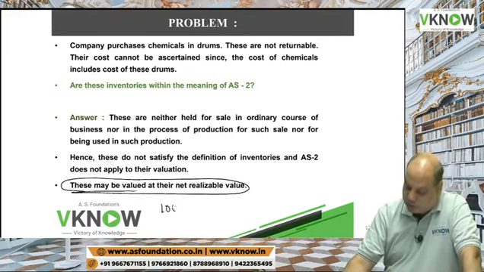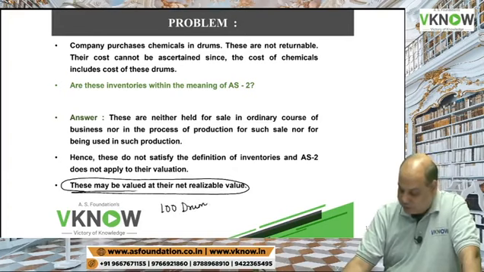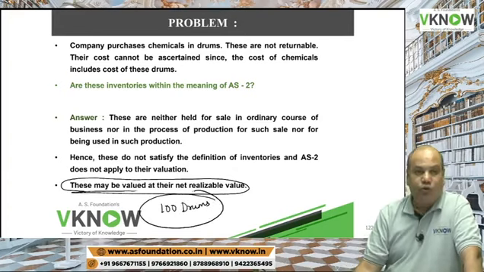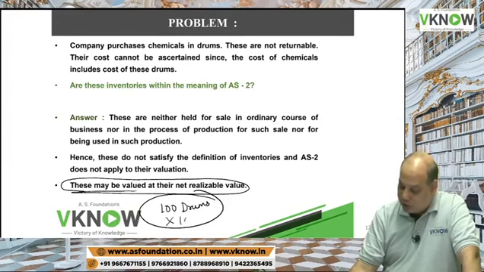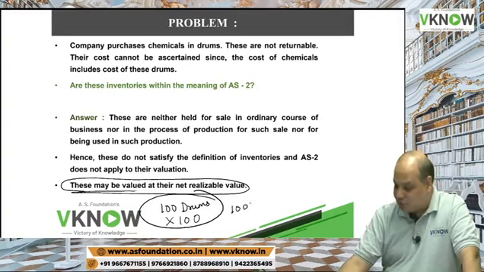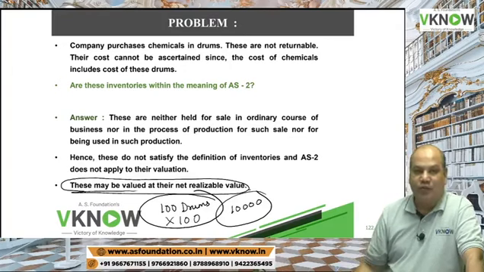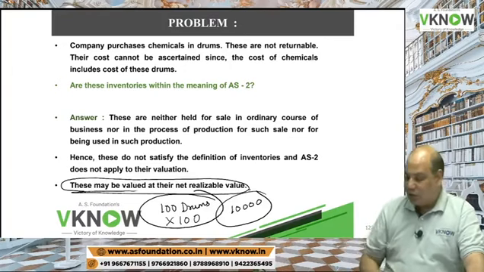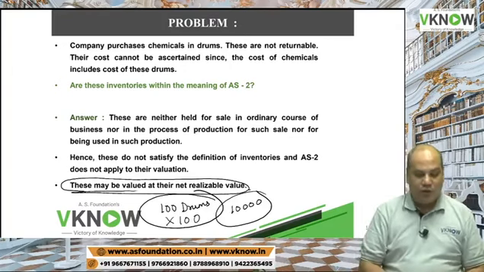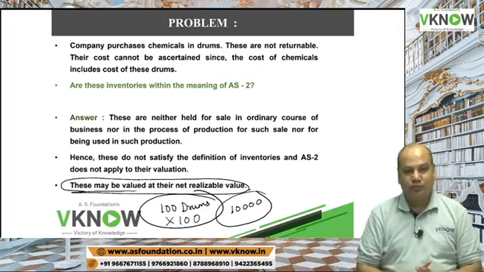Suppose 100 drums remain with us. We have sold the chemical, but 100 drums remain with us, and each drum can be sold for 100 rupees. So for balance sheet purpose, I will value these drums at 10,000 rupees.